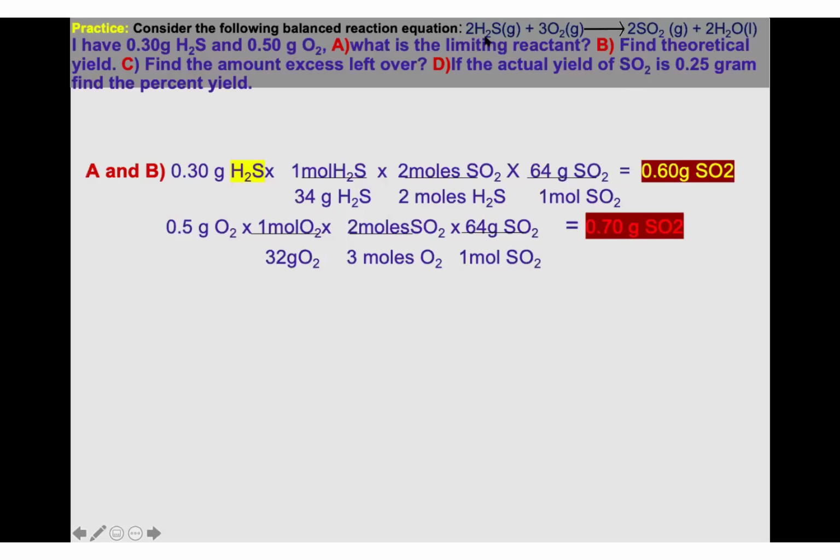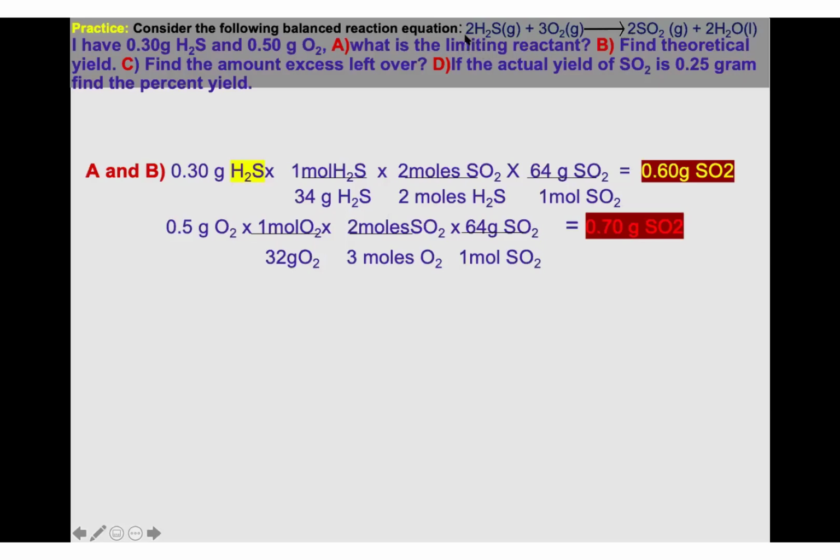So I'm gonna relate each reactant to SO2. How do I do that? I first convert to the mole, then I relate it to SO2 here.